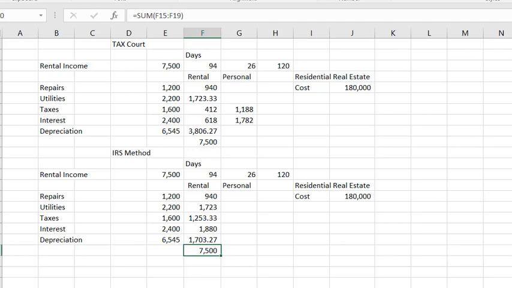Now, see, this reduction, when you have this personal use, means that it really doesn't matter about the special $25,000 deduction, because that would only come into play if you didn't have personal use, if it was just a rental. You had a loss, which is allowed, but you had no other passive income to offset.